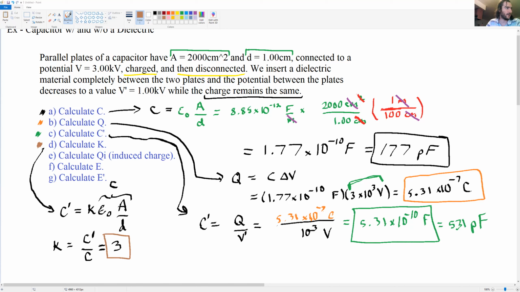So let me see if I can find it here. Okay, here it is. Let me go ahead and switch the share screen over.